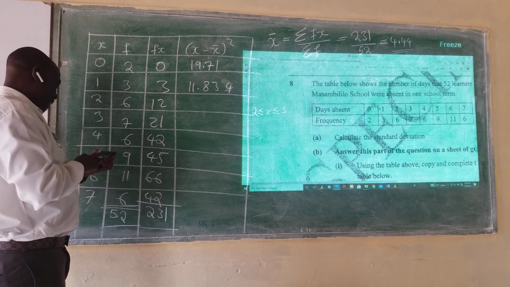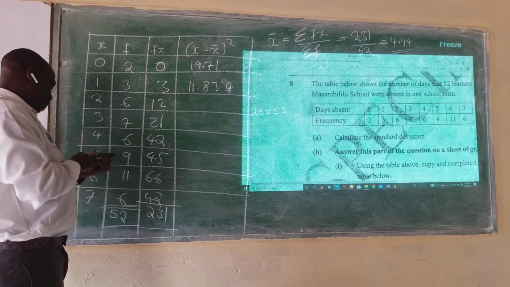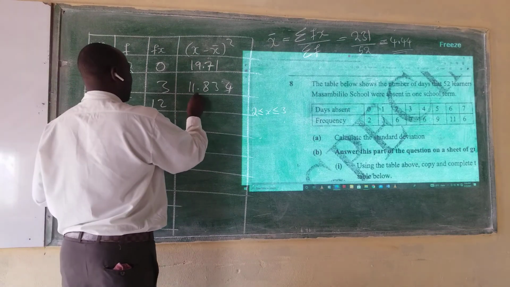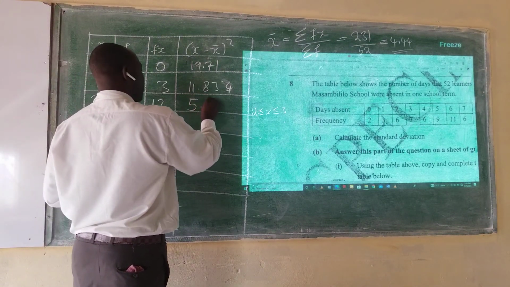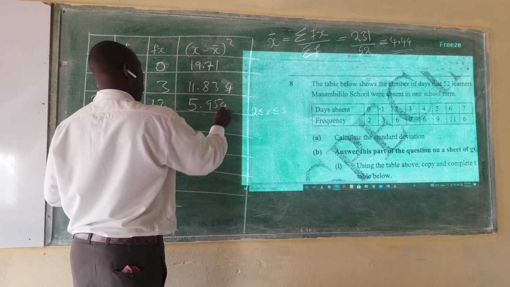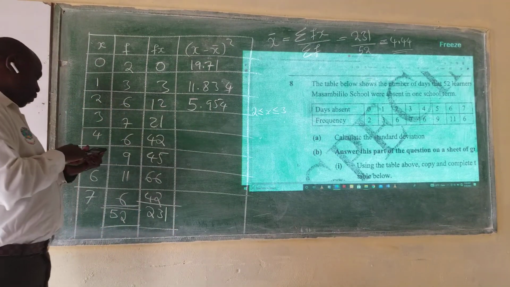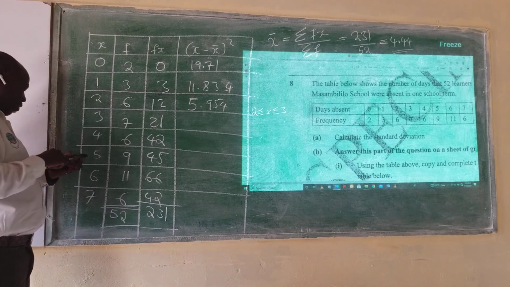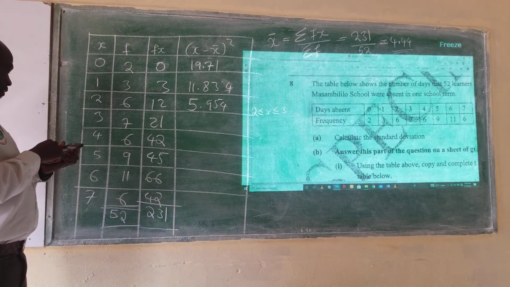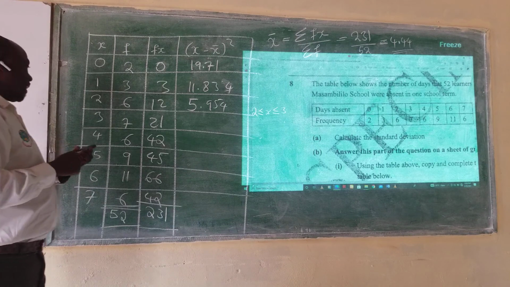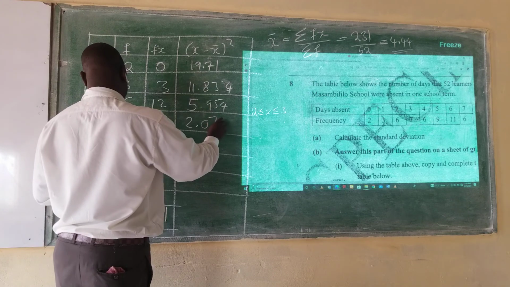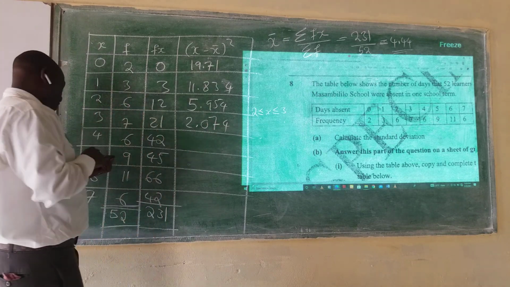So you open bracket, you do 2 minus 4.44, close bracket, you square. We are getting something like 5.954. Next row, which is 3 minus 4.44, close bracket, square. We are getting 2.074 when you round off.